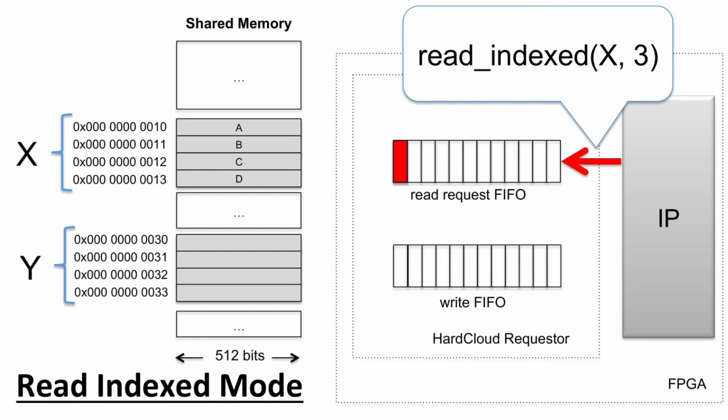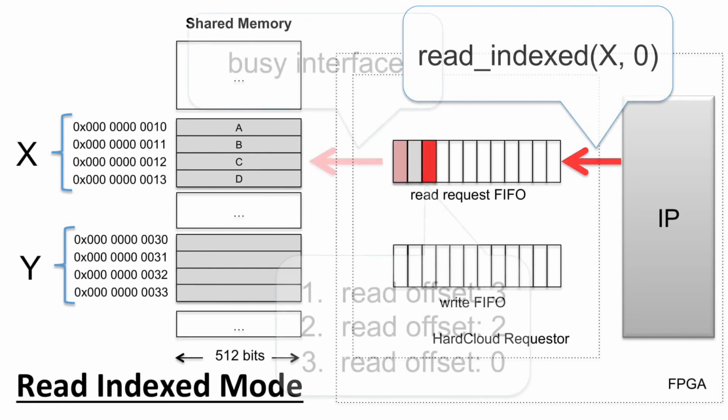The offset 3 request is done using the function read index with arguments X and 3. The same function is called for offset 2, and finally 0.